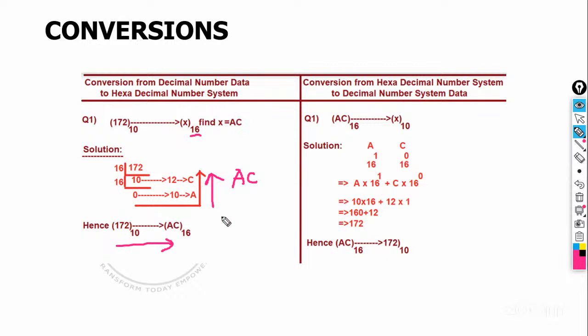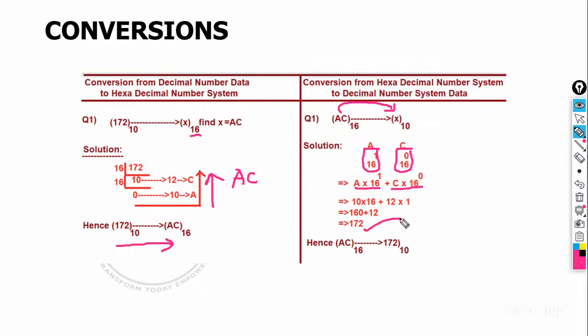AC. In the same way, I'll do the reverse process so that I convert the hexadecimal number back to the decimal number system. I'll take the same hexadecimal number AC and convert it back to decimal, taking the powers of 16, multiplying the values, and finally adding them, I'll get the decimal number back.